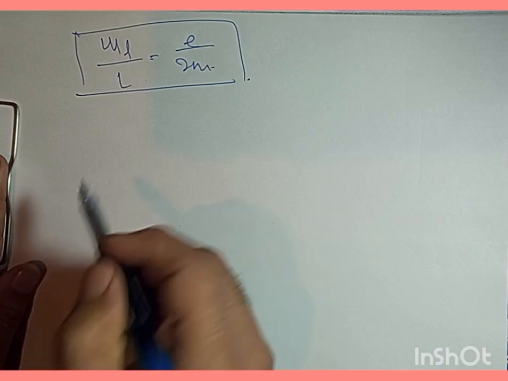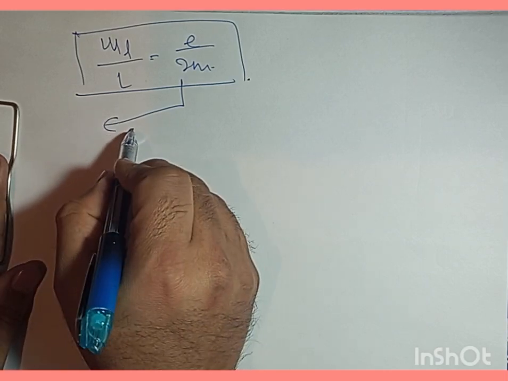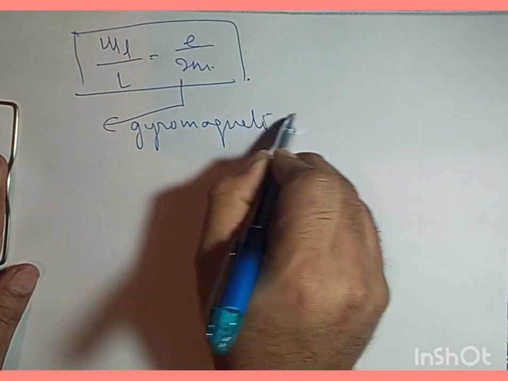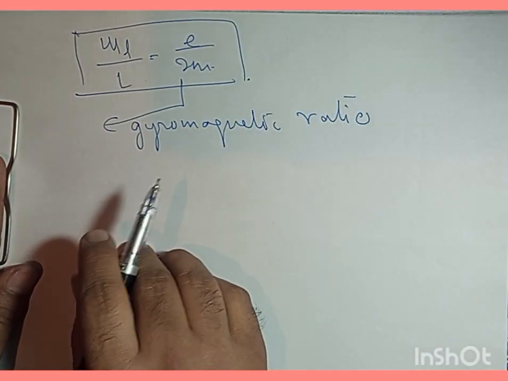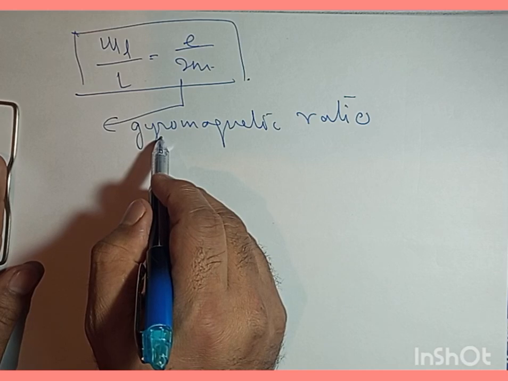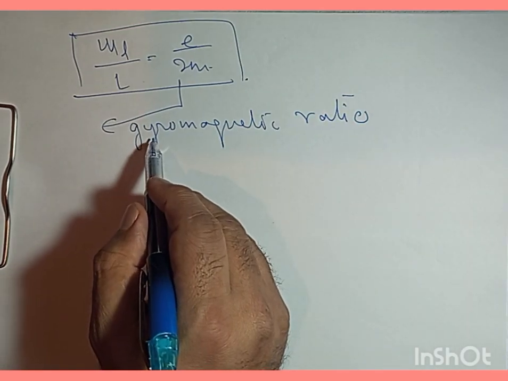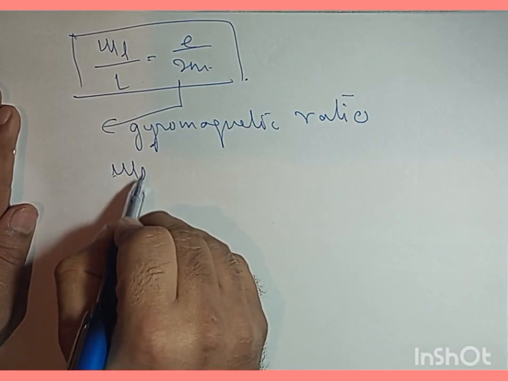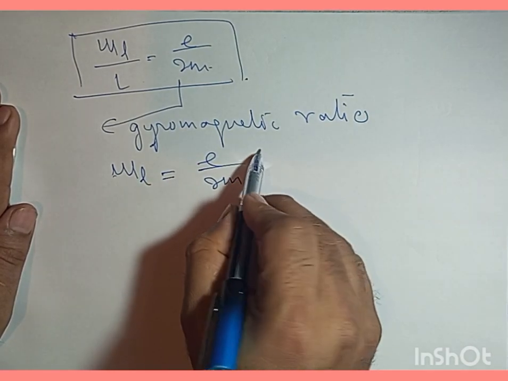And this e by 2m is called the gyromagnetic ratio. And if I write it back into its original form, this mu L is e by 2m L.